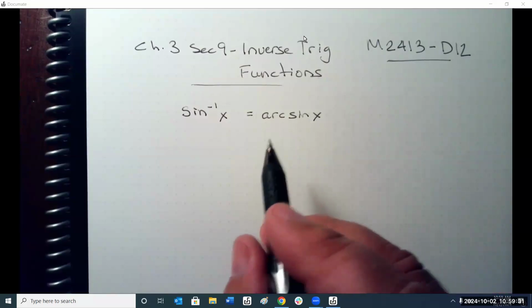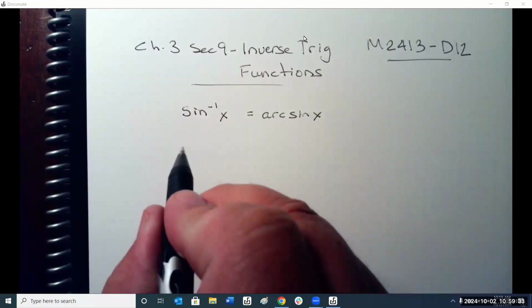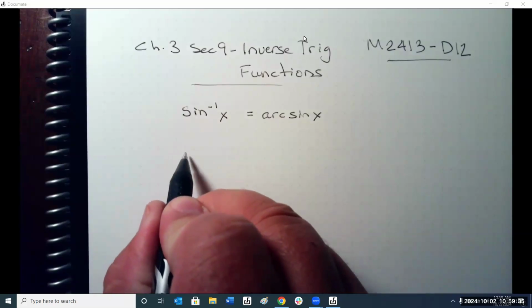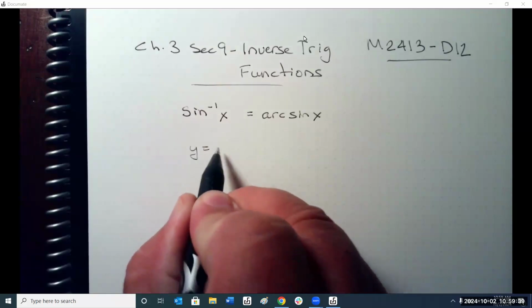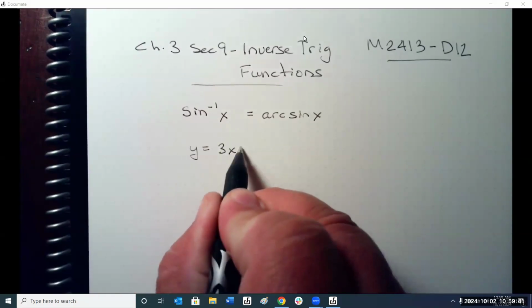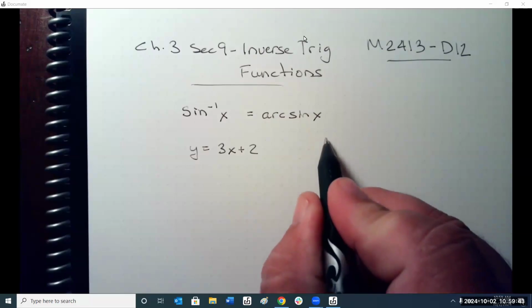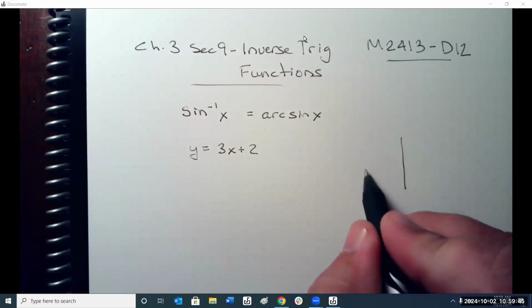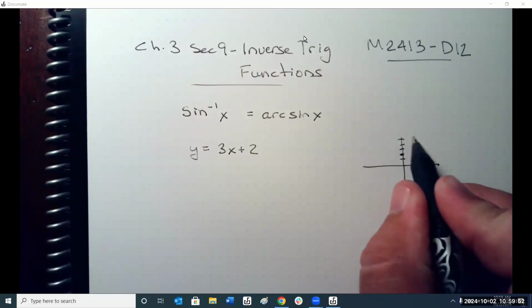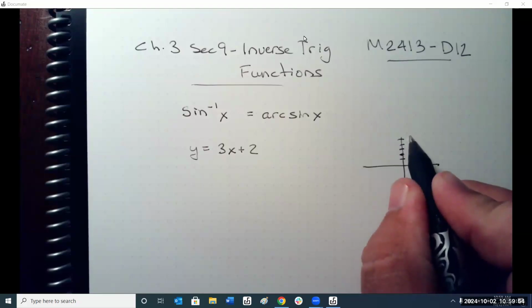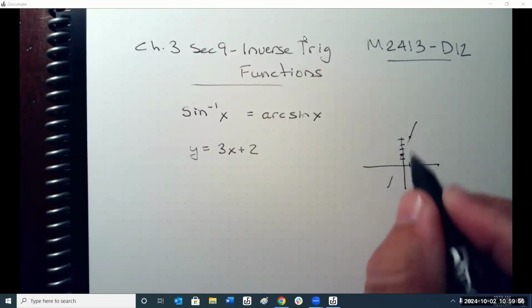Right? And remember what inverses are. Algebraically, if we had the inverse of this linear equation, graphically, it crosses at 2, up 3 over 1. There's that graph.